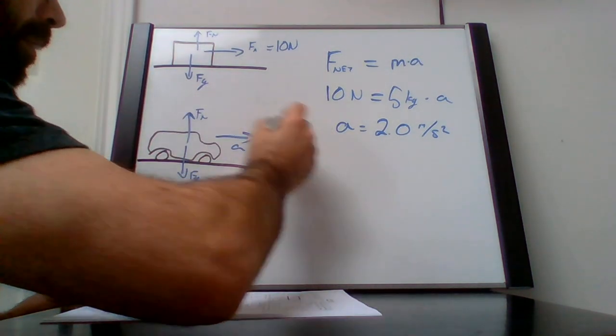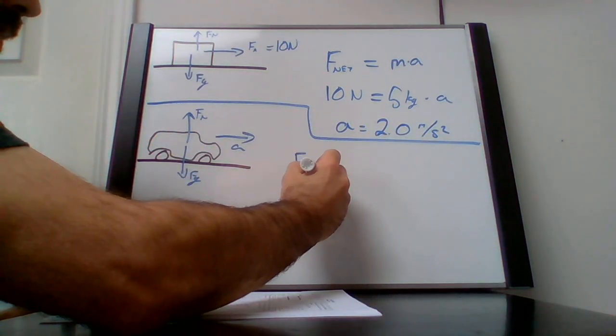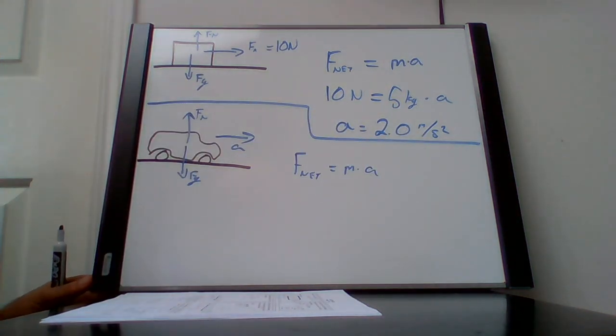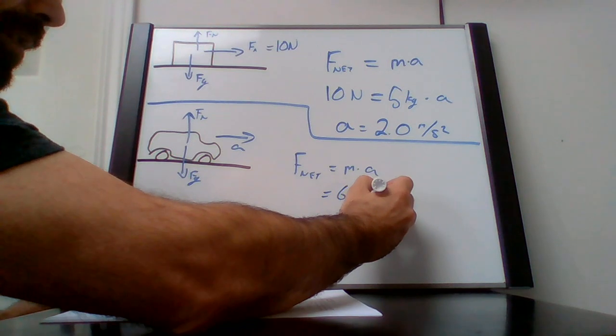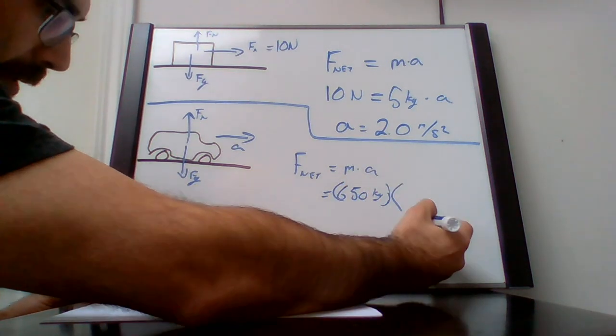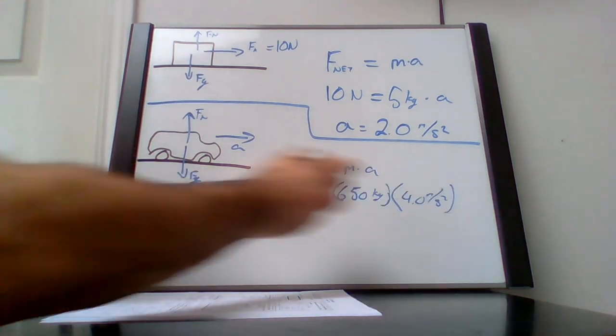In this case, F net, again, equals mass times acceleration. Our mass given from the problem is 650 kilograms. Our acceleration was given to us as 4 meters per second squared.